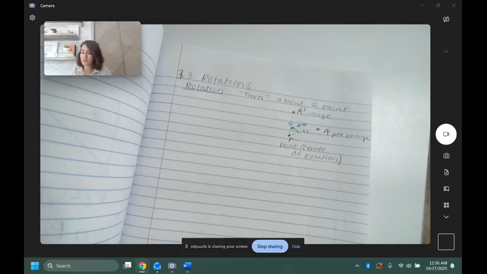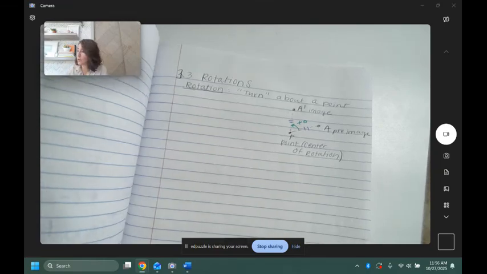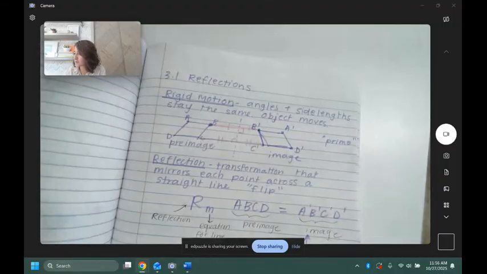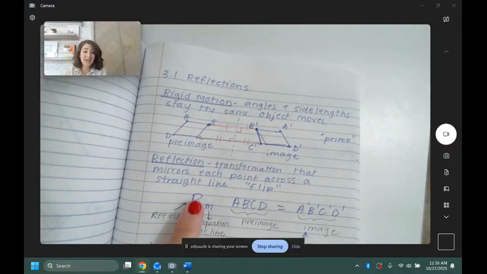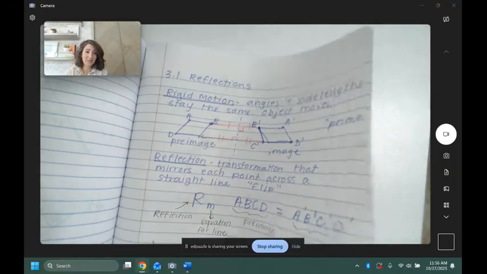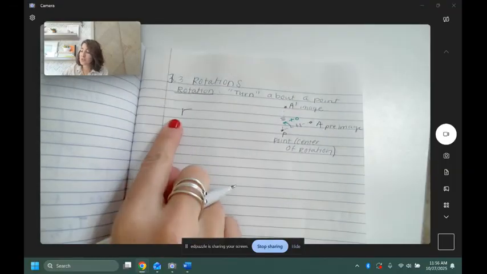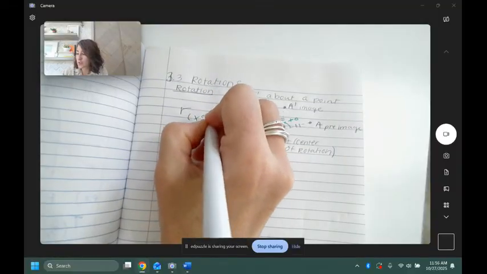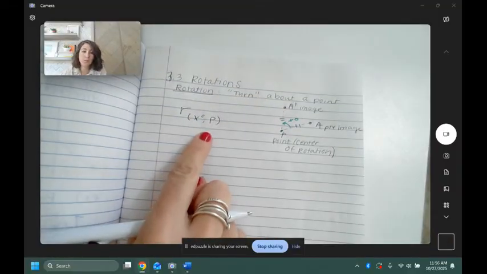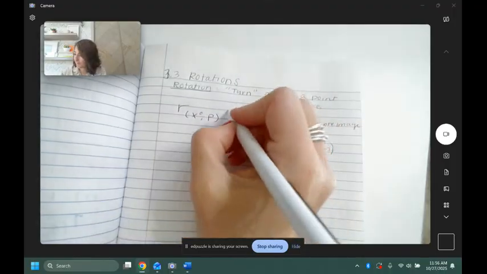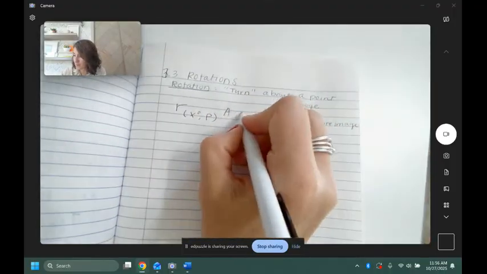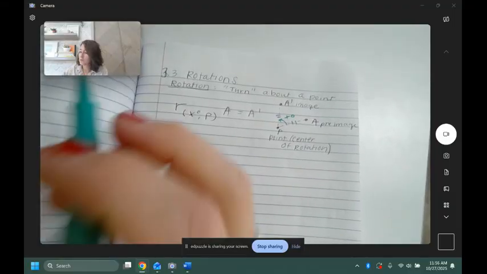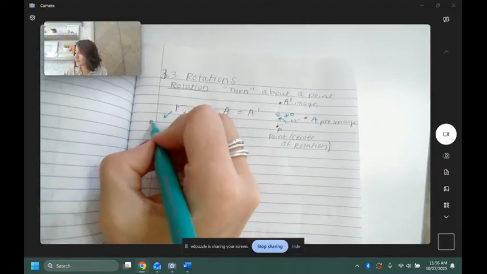And your symbol for this looks like this: a lowercase r. Remember that reflection also starts with an R, and we had an uppercase R when I'm looking at a reflection. Rotation is going to be lowercase, and then in parentheses, at what degrees and what point it was rotated about. Whatever the pre-image is equal to your image. So this one says rotation.